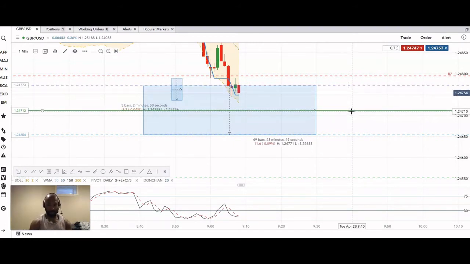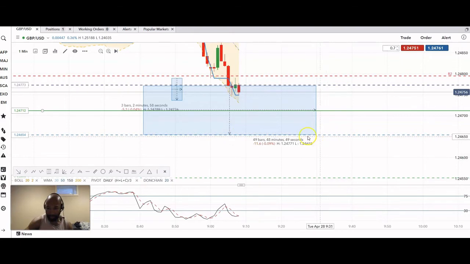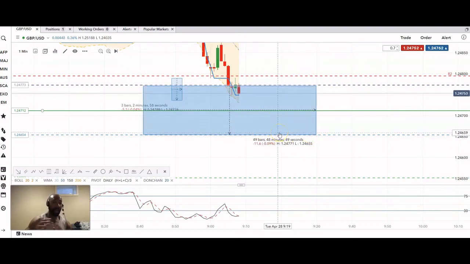Then remember when we went to the 5-minute chart, this line here is the line where the 200 to 150 and 150 weighted moving average ended. I have a theory that when price action touches those lines or those indicators, something often happens.